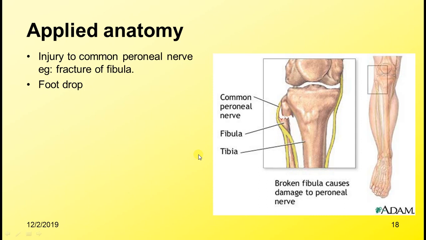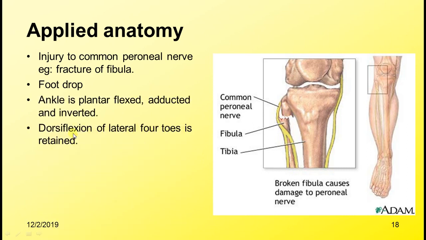So naturally your foot is plantar flexed. So plantar flexed, no eversion, it is adducted and inverted. Dorsiflexion of the foot or ankle is not possible, but dorsiflexion of the lateral four toes alone is possible.